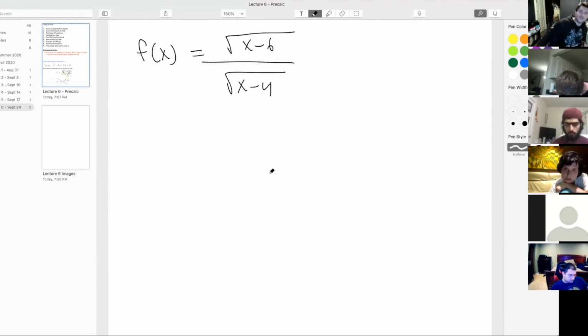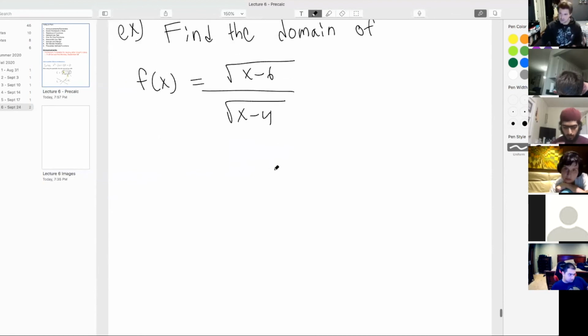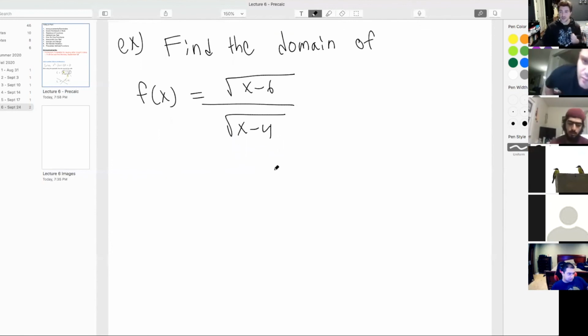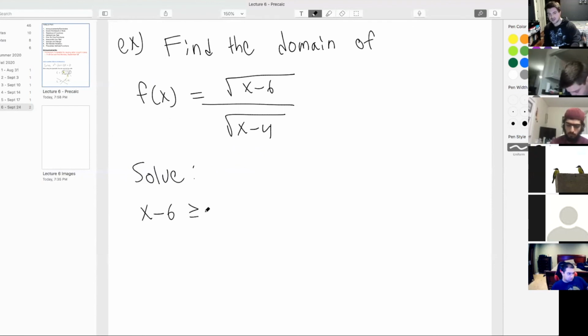First of all, we have square roots, which means we need to set the radicands to be greater than or equal to 0. So let's solve that first. You solve x minus 6 is greater than or equal to 0, and you also solve x minus 4. Here's where you need to be careful. The second one, x minus 4, you need to set to be strictly greater than 0.